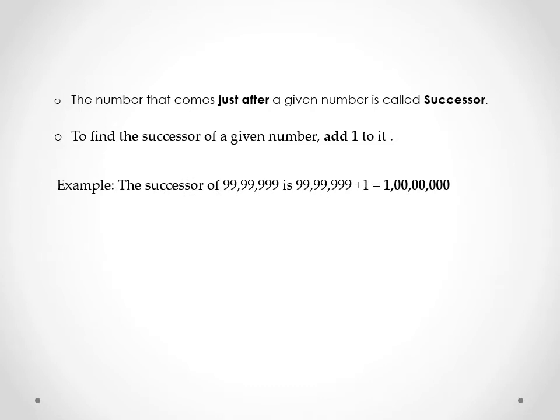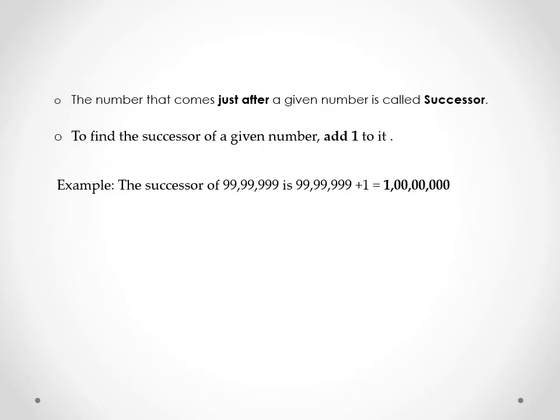For example, here the given number is 99,99,999. To find the successor of 99,99,999, add 1 to it.